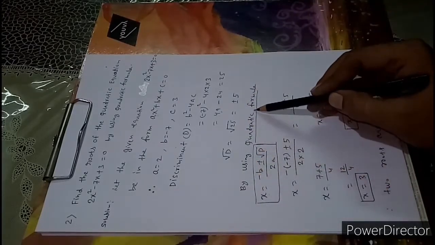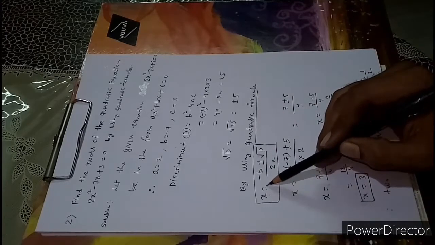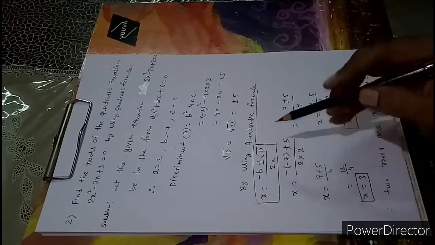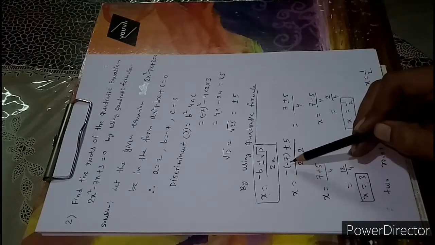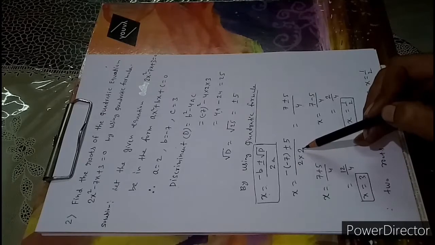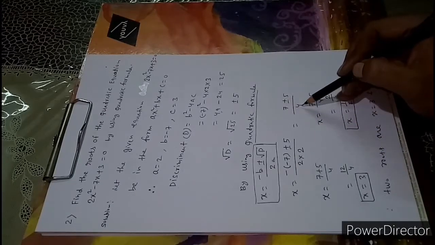Now by using the quadratic formula, what is the quadratic formula? It is x equals minus b plus minus root over D by 2a. Just put the value of b and root over D, you get minus of minus 7 plus minus 5 by 2 into 2. You get 7 plus minus 5 by 4.